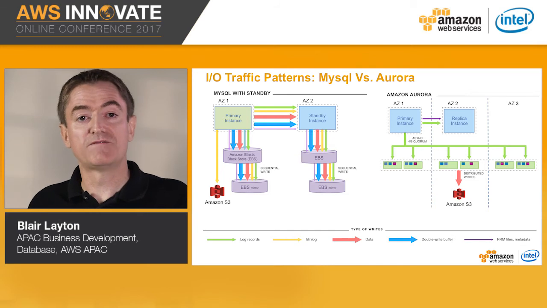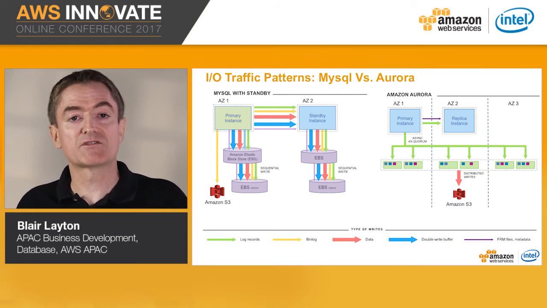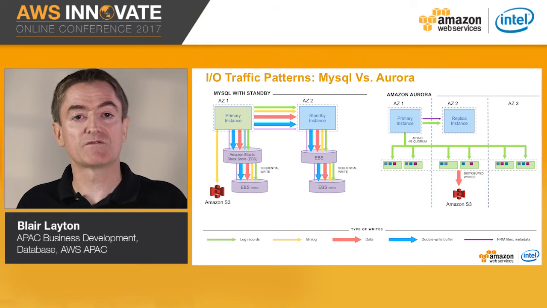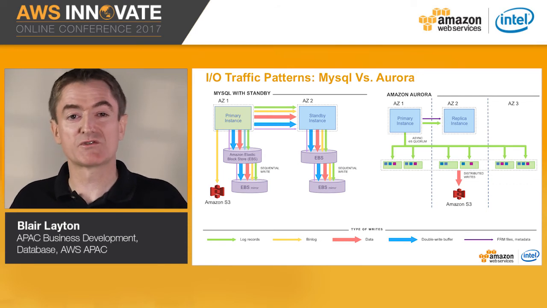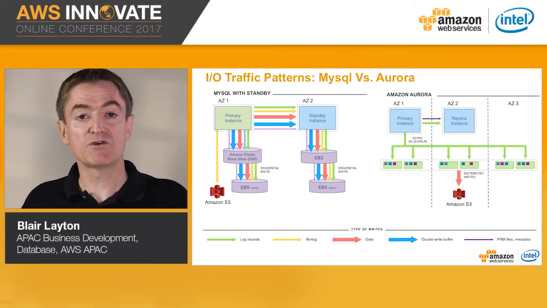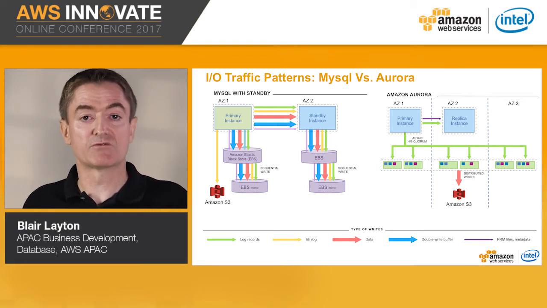There is a quorum of 4 needed for an acknowledged write and 3 for a read, providing a highly resilient storage tier. Yet, as discussed before, the database just needs to send the log or change information to the storage service and replicate some basic information to the read replica. This greatly reduces the amount of I/O that Aurora needs to do for a given transaction load, increasing the scale that Aurora can handle when compared to RDS and traditional databases.